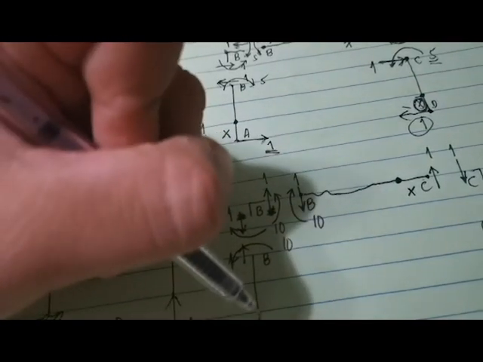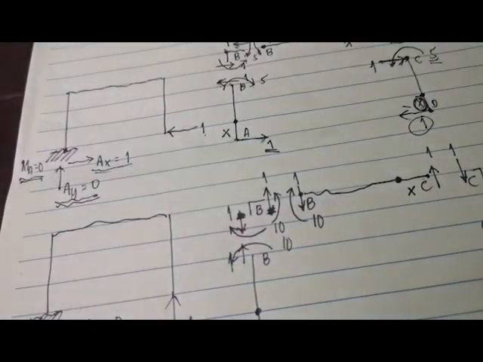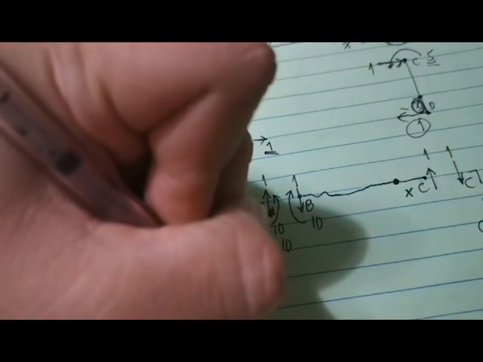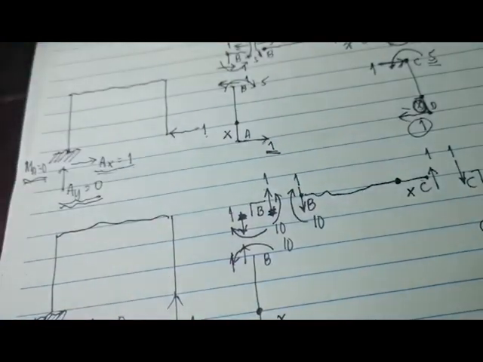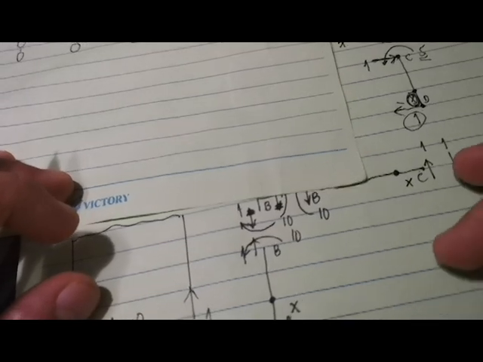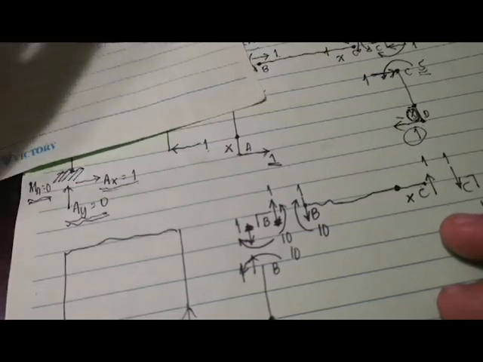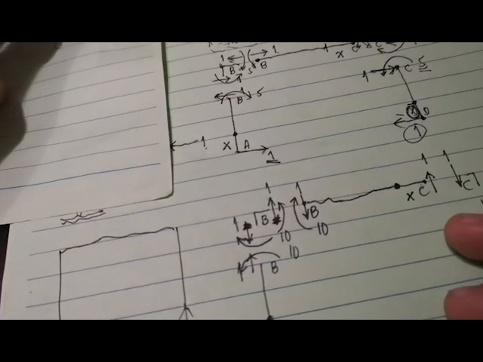Okay, next, at member AB, if we measure your moment from point A, the distance is assumed to be X, you'll be able to know that your moment equation is equal to 10. But what would be the direction?